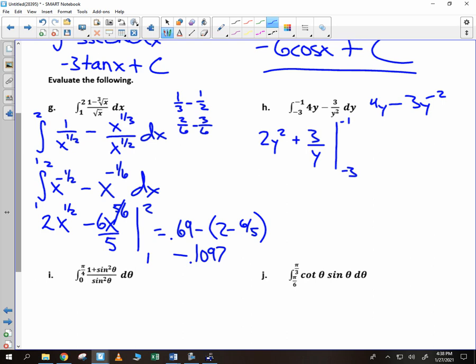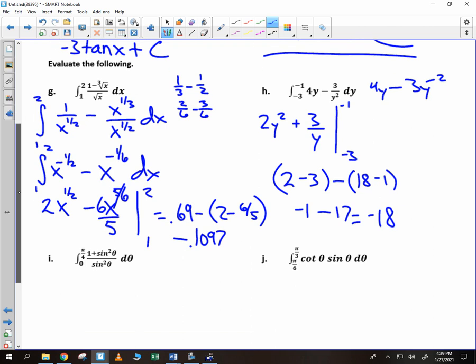Plug in the negative 1, and we do get 2, then minus 3, minus, plug in negative 3, and we get 9 times 2 is 18, and then a minus 1. So you have negative 1 minus 17 is negative 18. That's what we have. You can go ahead and check that on your calculator if you want.